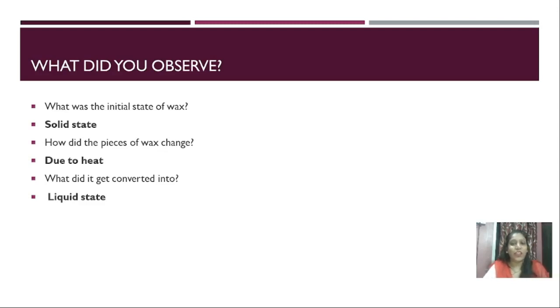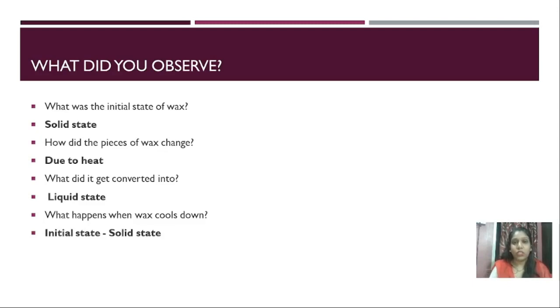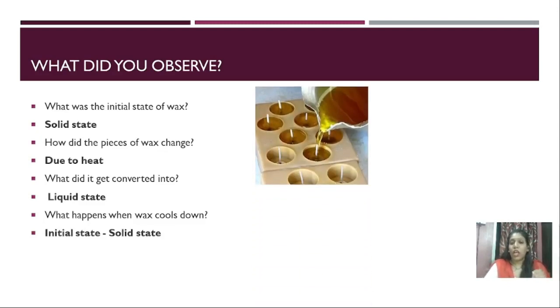Liquid state. So children, if you observe over here, when wax was in solid state, when heated, it turned or converted into liquid state. And what will happen when wax cools down? Correct. It will change into its initial state, which is a solid state. So children, you can see in the first image a liquid state of wax.